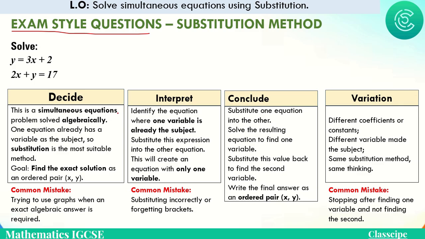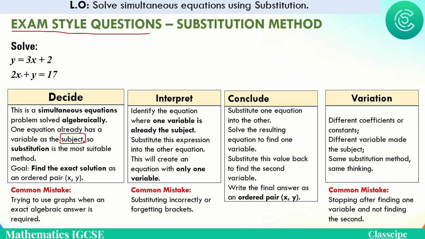This is a simultaneous equation problem solved algebraically. Remember, when you solve a simultaneous equation, you can have two methods, graphical method or algebraic method. This substitution comes in algebraic method. One equation already has a variable as a subject. This is the most important point.